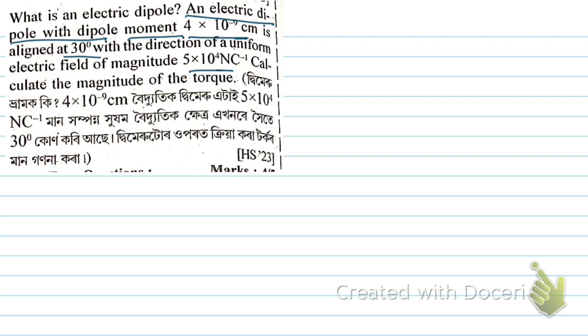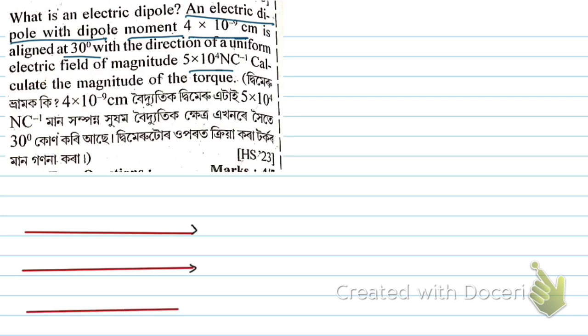So here you see, suppose this is the uniform electric field E. And we have a dipole, positive, this is negative, and its dipole moment P is given.